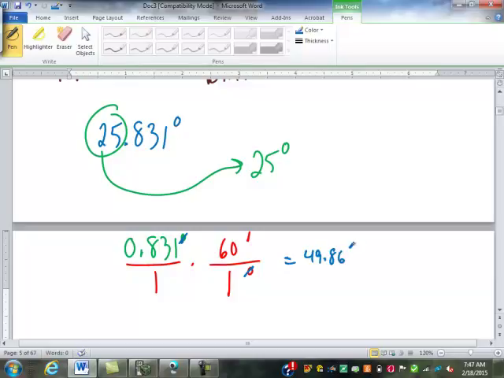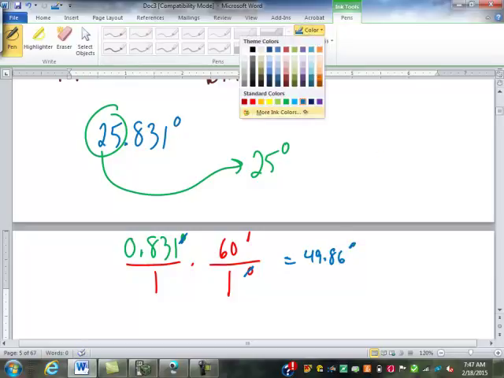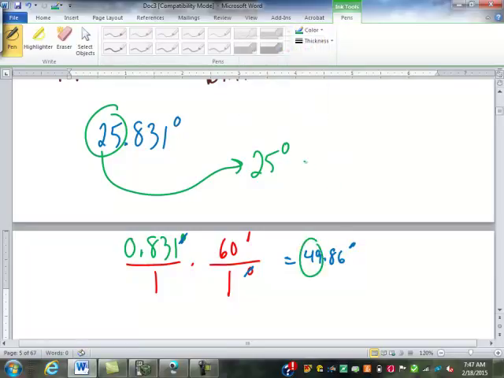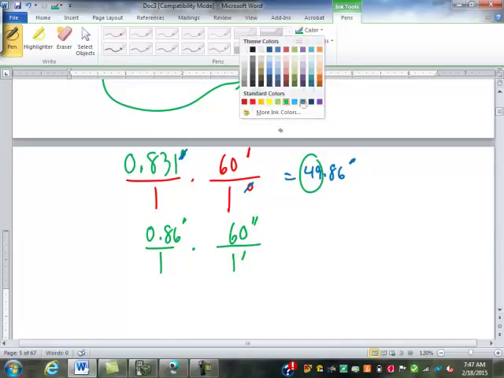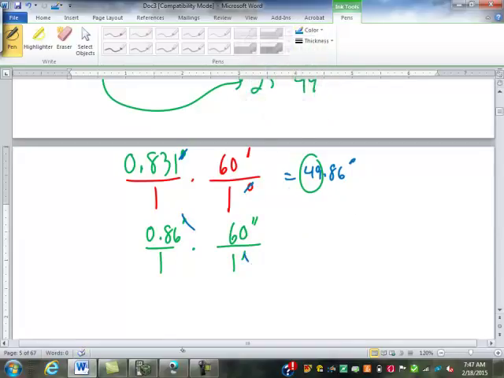That's 49.86 minutes now, which means we're going to take the whole number off of that. That's 49 minutes. And now the 0.86 minutes is going to get converted into seconds. So this is over 1. 1 minute is 60 seconds. Minutes cancel out. 0.86 times 60 is 51.6 seconds.